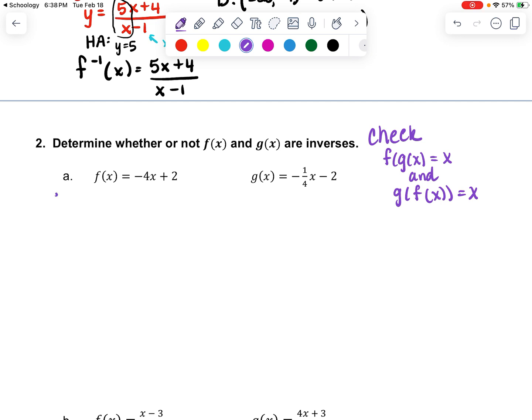So right now I'll start off with f of g of x, which means I'm going to put the entire function of g in there. So I've got -4 times something plus 2. The something is going to be all of this, -1/4 x minus 2.